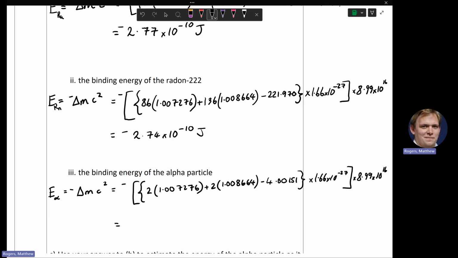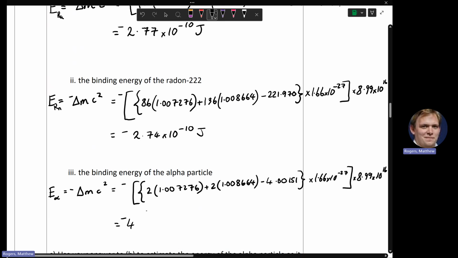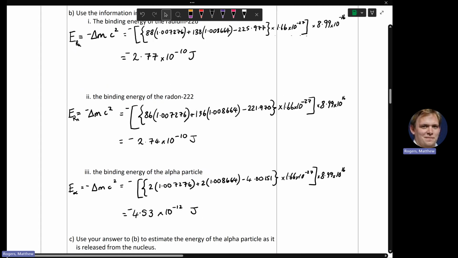Then we need to multiply that by 1.66 times 10 to the minus 27. So 5 times 10 to the minus 29 in kilograms, and then multiplied by 8.99 times 10 to the 16 to turn it into minus 4.53 times 10 to the minus 12 joules. So that's the binding energy of our alpha particle.